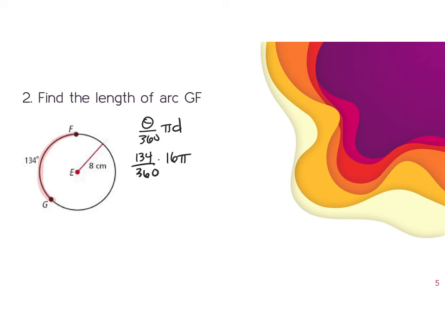I can simplify that down to 67 out of 180 times 16 pi. So we're going to do 67 times 16 and divide it by 180, and we get about 5.96 pi for that length.